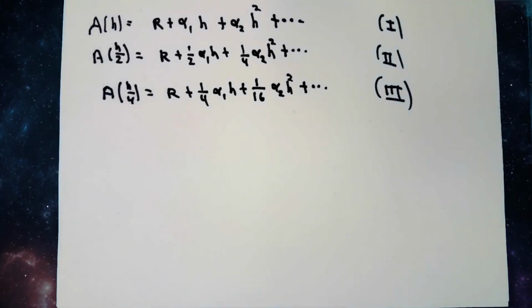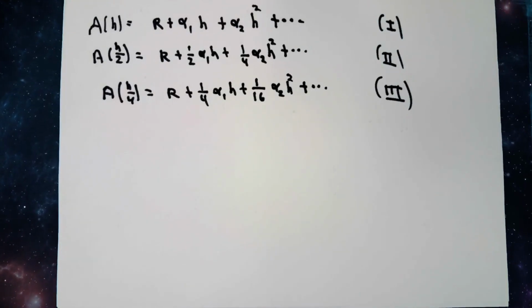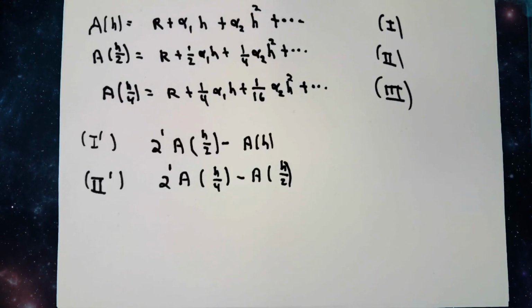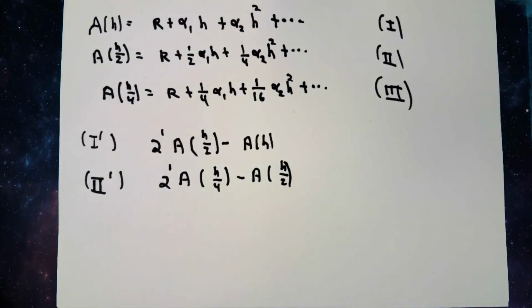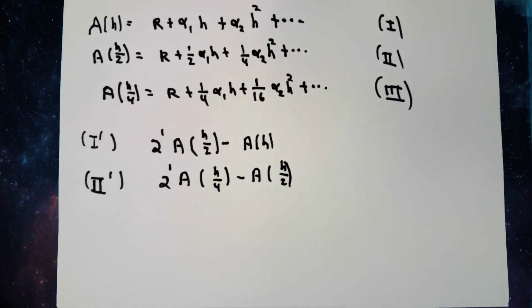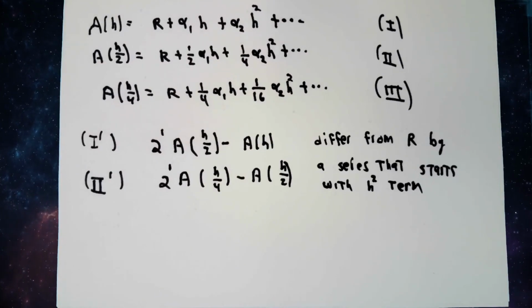There's an interesting observation to be made. If I take the second equation and multiply it by 2, the h to the first power terms will be the same. If I take the third equation, multiply it by 2, the h to the first power term is the same as in the second equation.